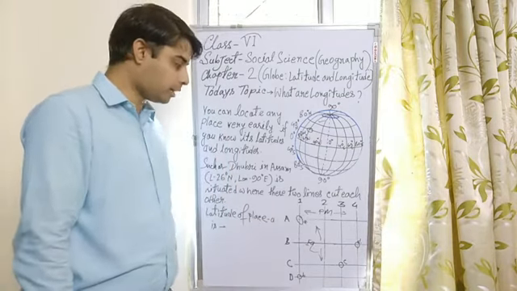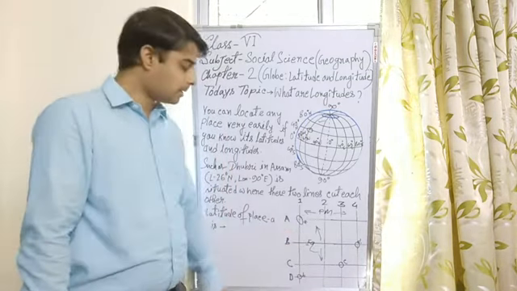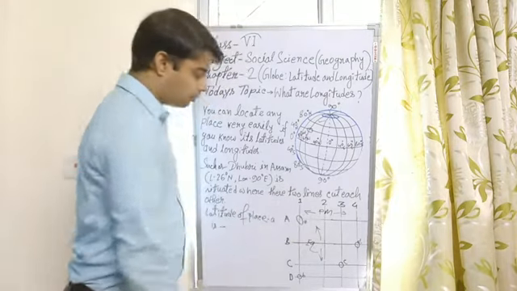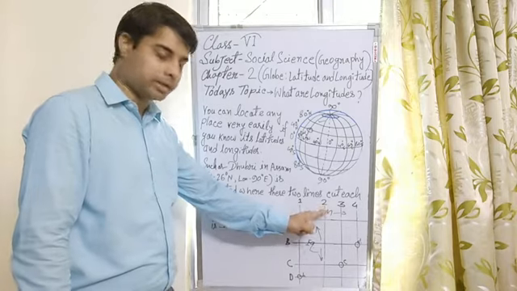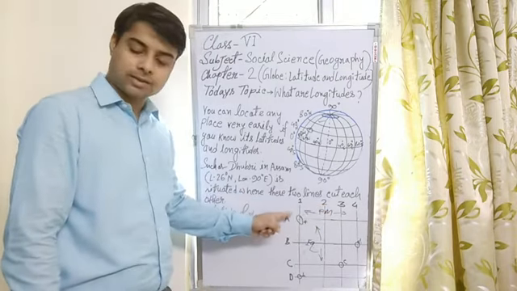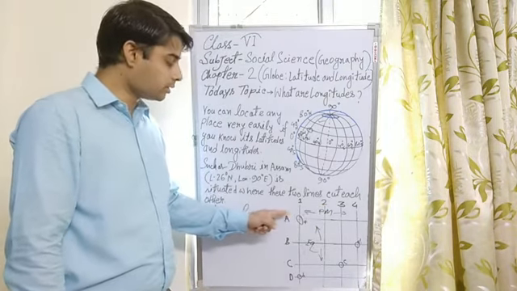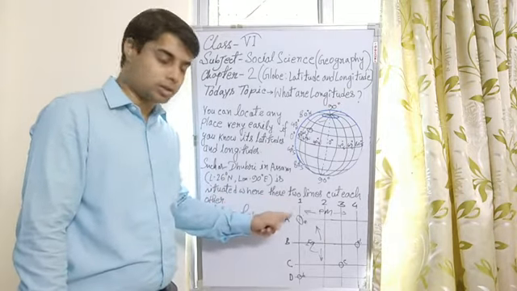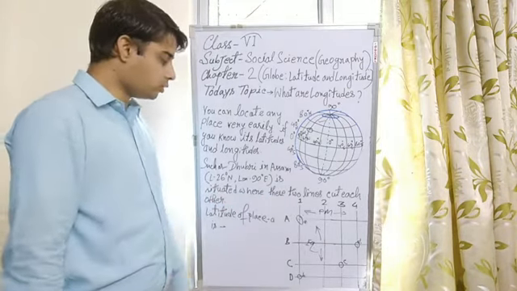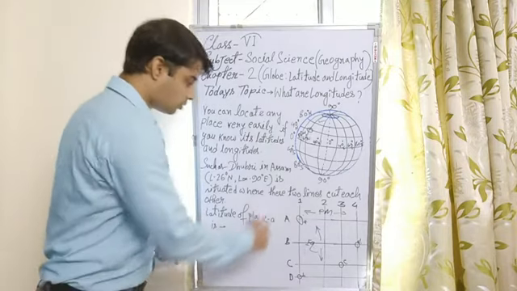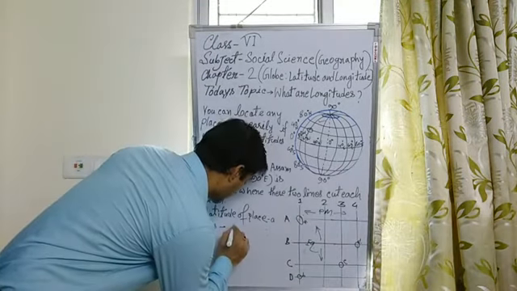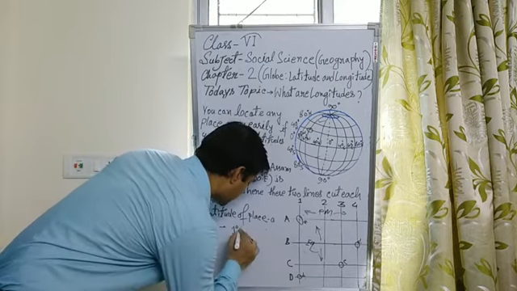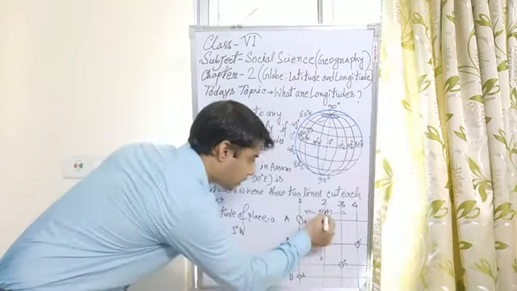So we can find the place small a. Suppose this is the prime meridian. All the places situated on the western side of the prime meridian have western longitudes. So the longitude of a is, this is 1, so 1 degree west, because it is situated on the western side of the prime meridian.